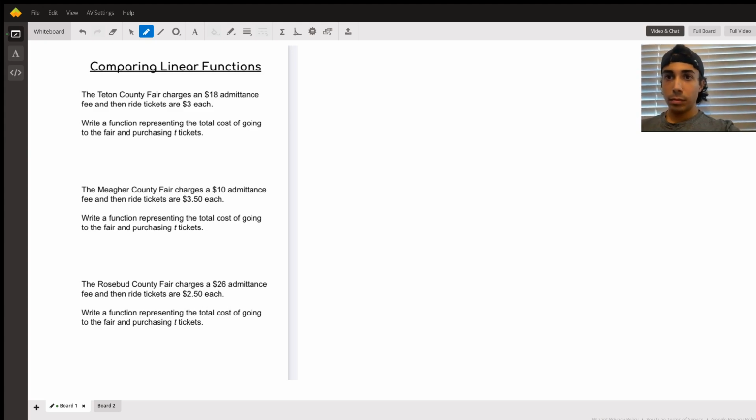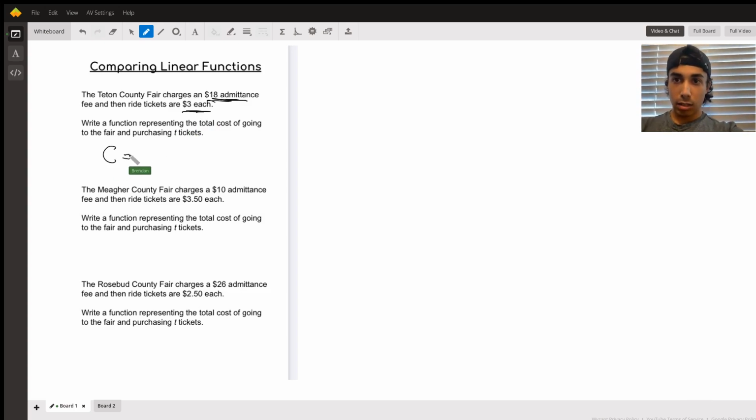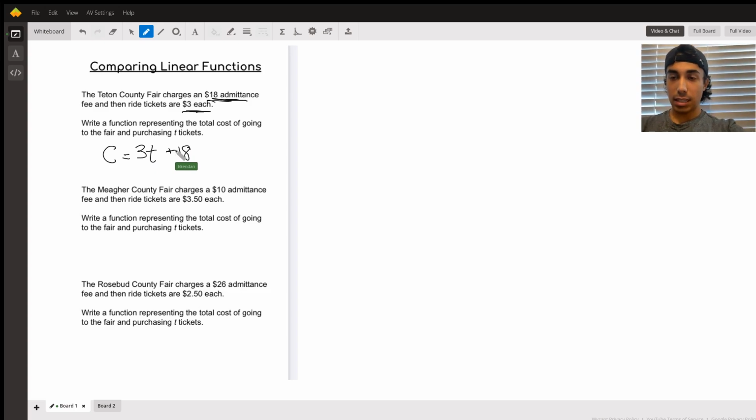All right, so we got Teton County Fair charges $18 just to get in and $3 each. $3 each, that's like saying $3 per ticket, right? So my cost is going to be $3 per ticket plus the initial 18 that it takes to get in.